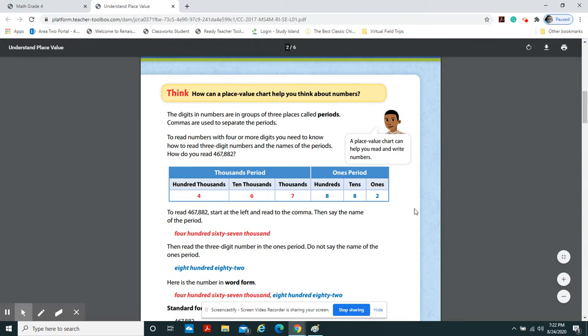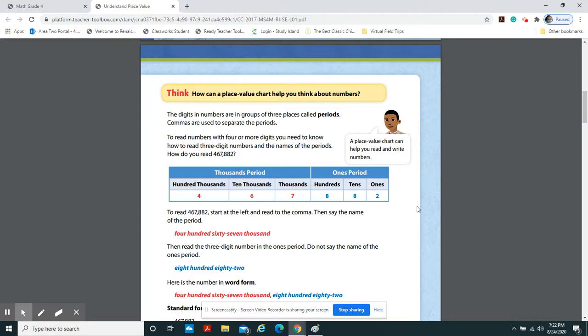So moving on to the next page, think question. How can a place value chart help you think about numbers? Well, in our place value chart, there are 3 places that repeat over and over again. They are ones, tens, hundreds. 1,000, 10,000, 100,000.